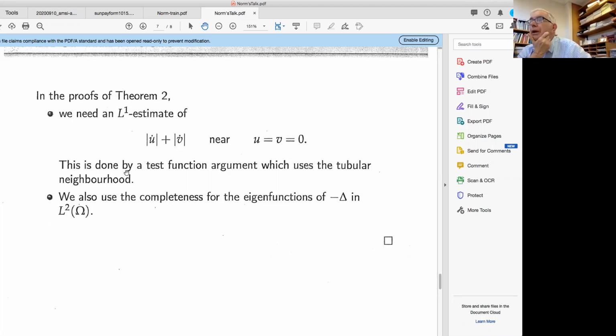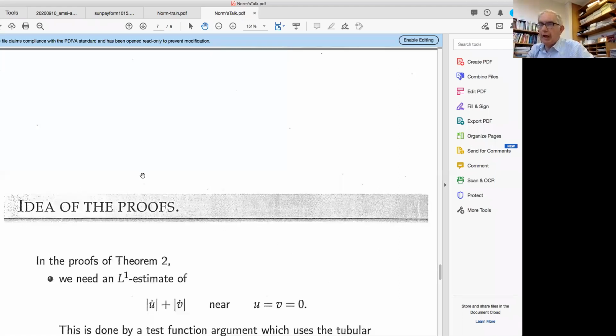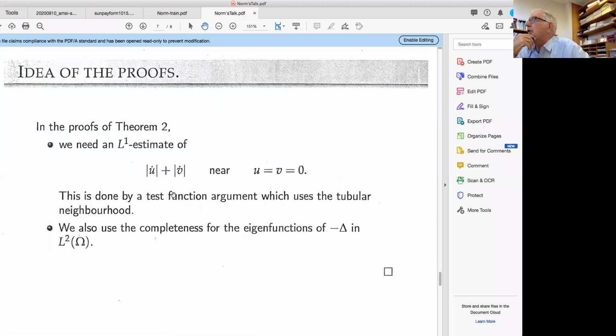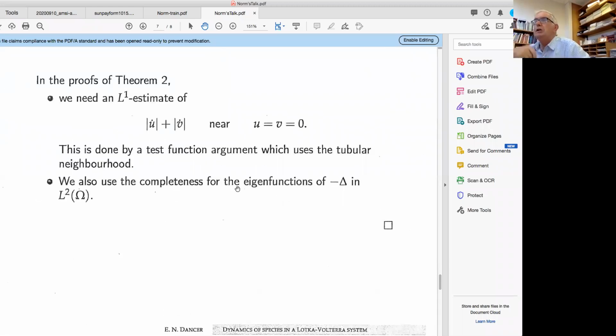You need that tubular neighborhood I mentioned before, and we must also estimate what the first eigenfunction of the Laplacian looks like on that neighborhood, because it looks almost one-dimensional. Both of those are crucial to our argument, and that's why this estimate is much harder.